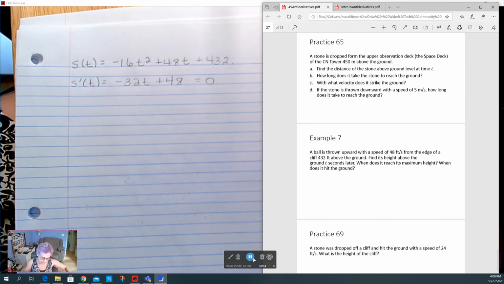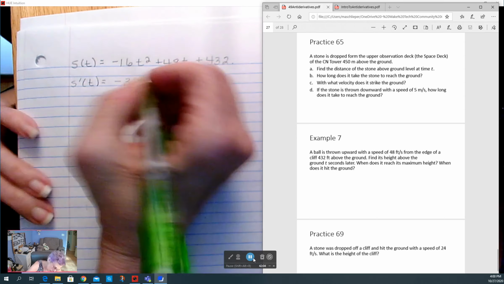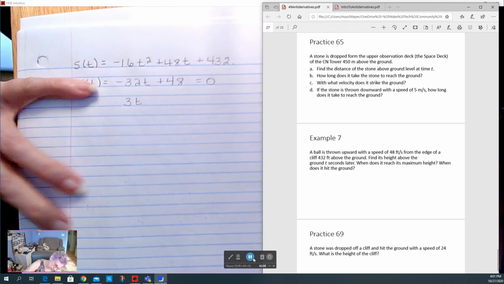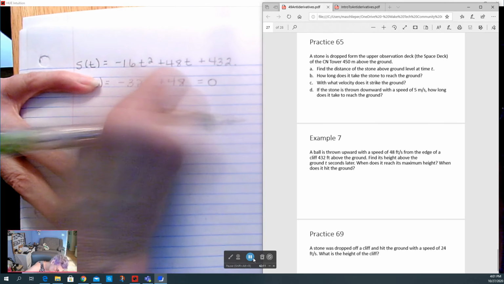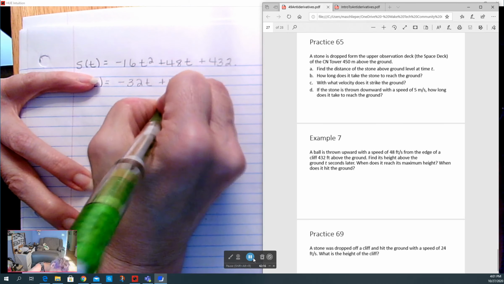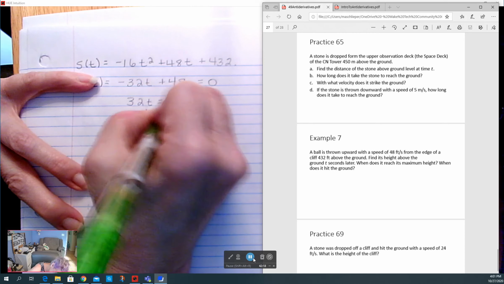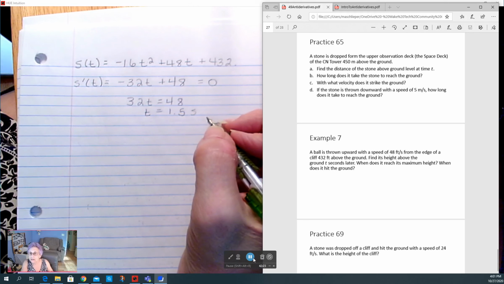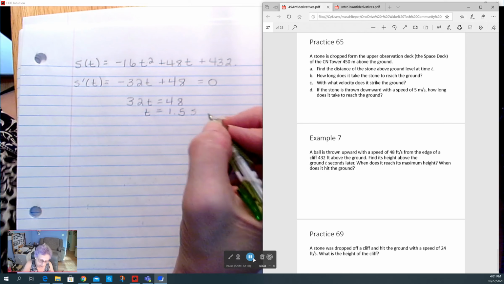And that I can solve. I don't need a PolySolve button for this one. 32t equals 48, so it's going to reach its maximum after 1.5 seconds. And let's see, does it ask its height? No, it just says when does it reach its maximum height.